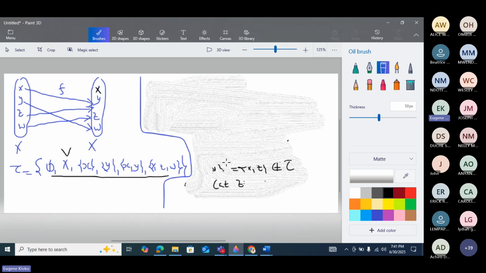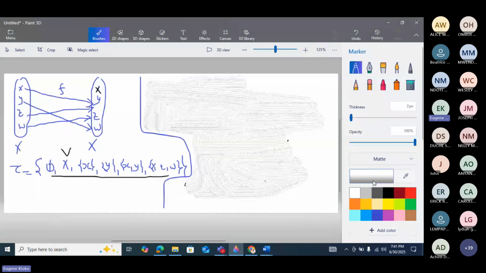We can try at Y. So let us try at Y. The first thing you ask yourself is, where is Y mapped to? Y is mapped to W. Then you ask, what are the neighborhoods of that W? They are simply the sets which have W, and we have only two.